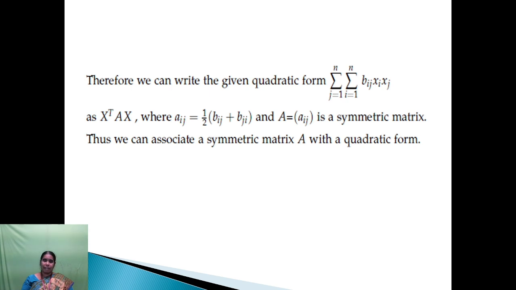Therefore, we can write the given quadratic form summation of bij xi xj as x transpose AX, where aij takes the value of half times bij plus bji and capital A denotes the symmetric matrix. Thus, we can associate a symmetric matrix A with the given quadratic form.